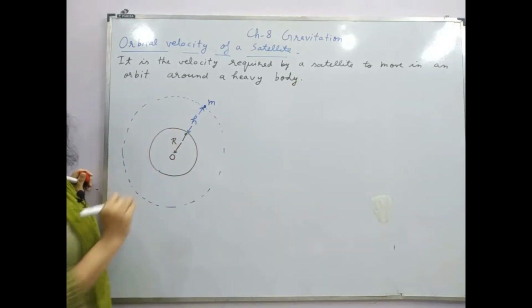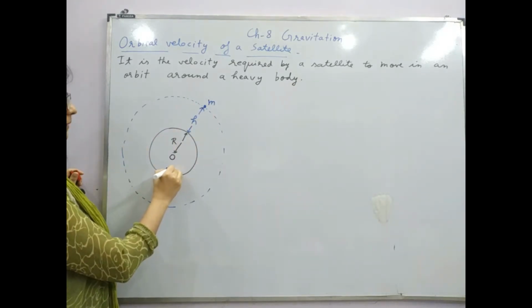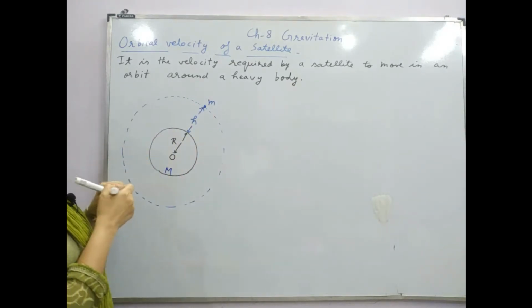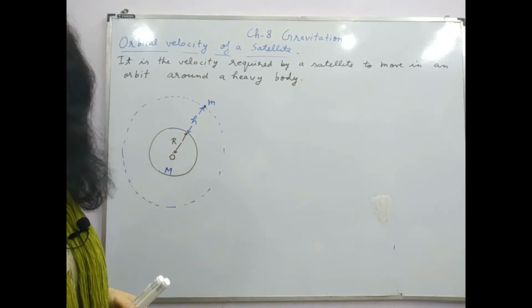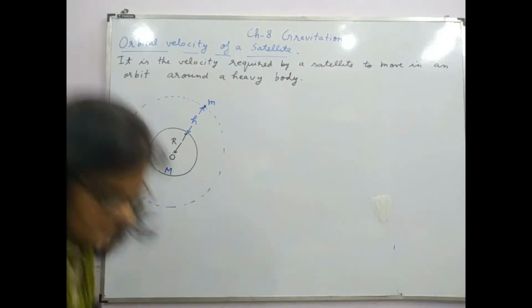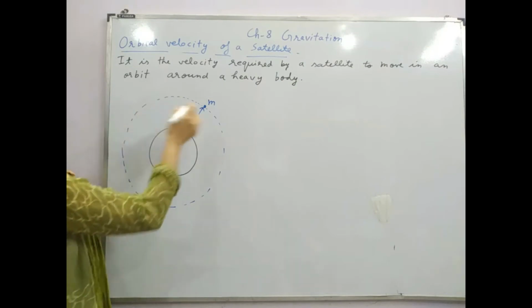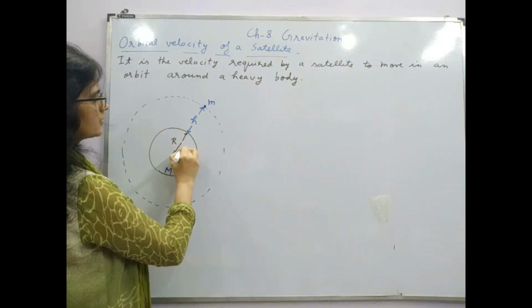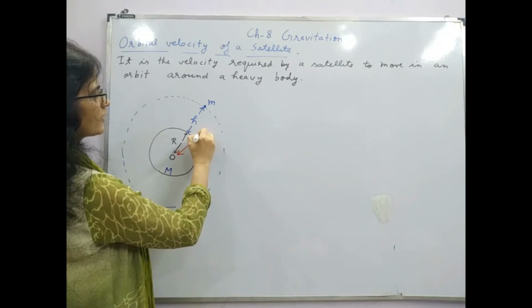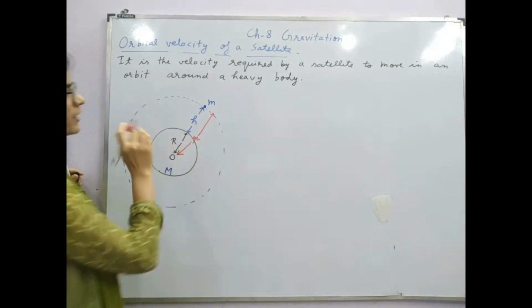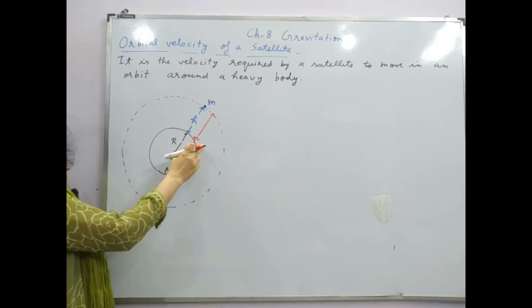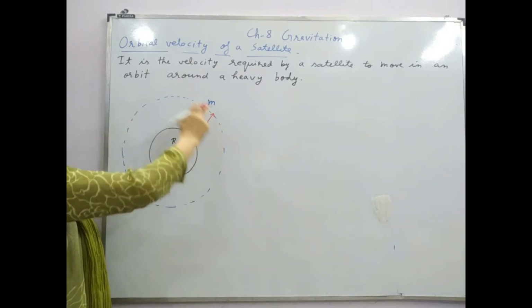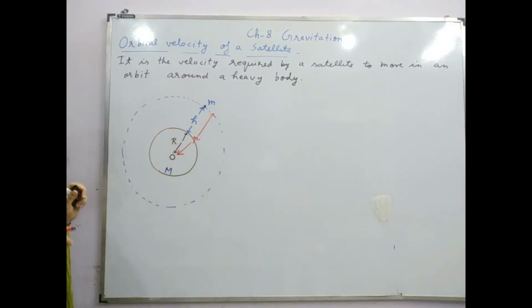Small m is the mass of the satellite. Capital M is the mass of the Earth. Then we can say that the distance of the satellite from the center of the Earth is small r. Or we can also say that small r is the radius of the orbit of the satellite.